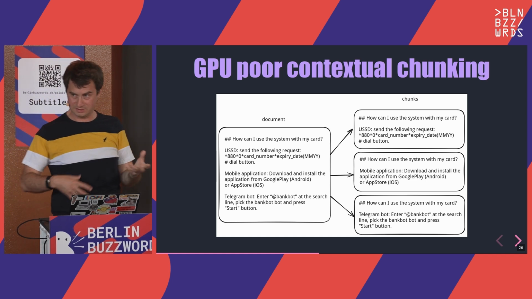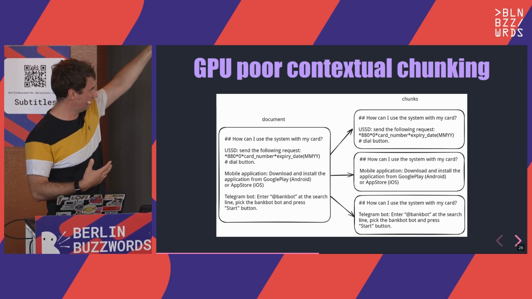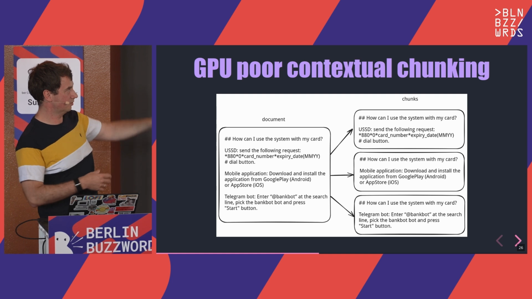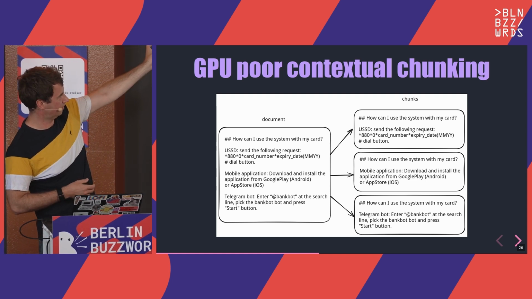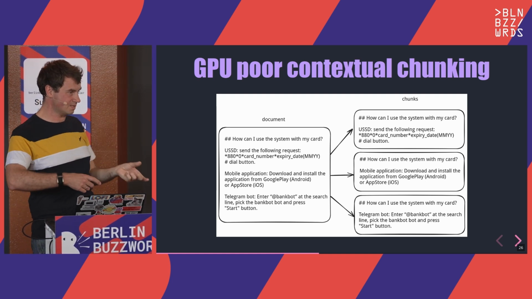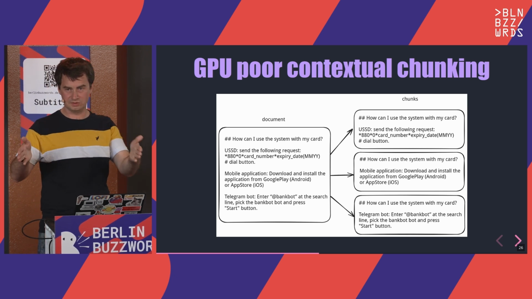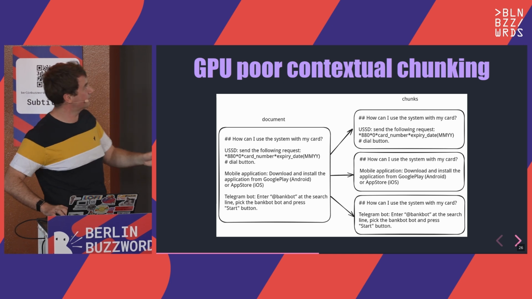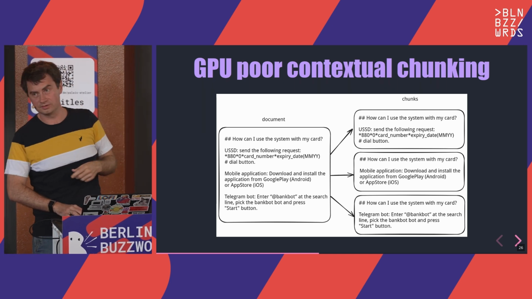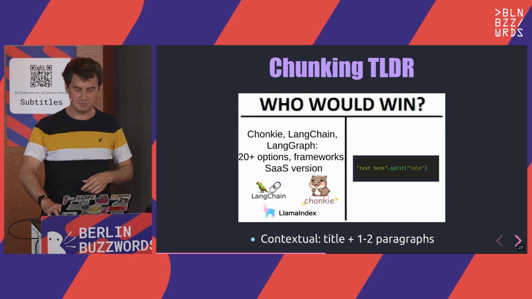This type of title is actually a good context for the whole paragraph downstream. So you can split it such that you take the title from the Markdown as context, prepend it to a paragraph of text, and fit the context length of the embedding model. I call it GPU-poor contextual chunking, if you have no time and no GPUs.